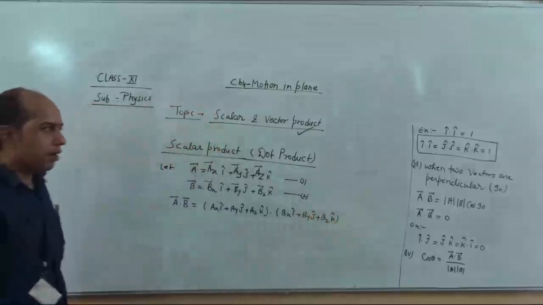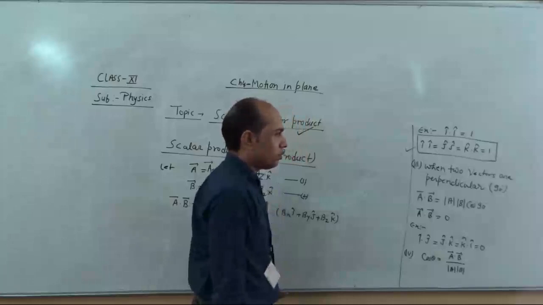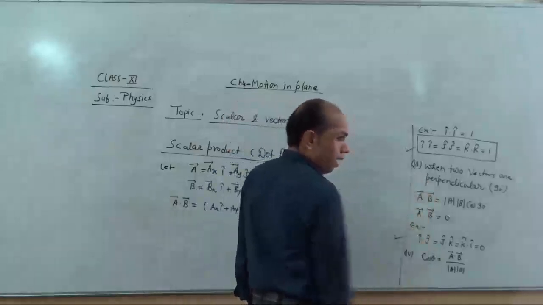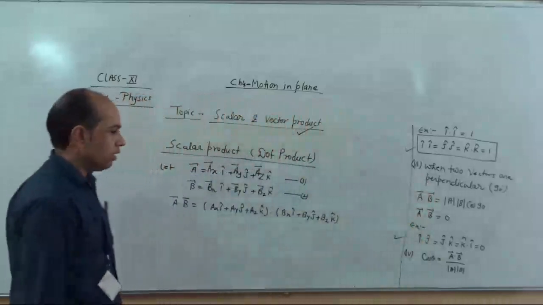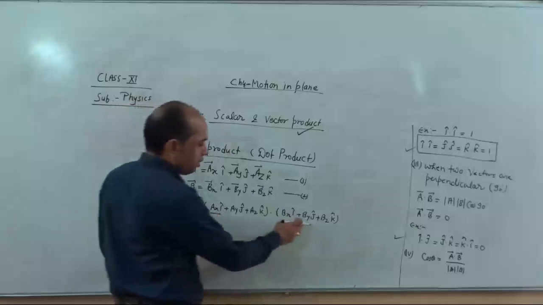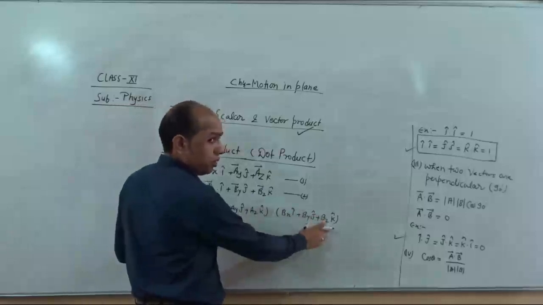Okay. Now we apply the identities: I dot I, j dot j, k dot k is equal to 1. Similarly, second one, I into j, j into k, k into I is equal to 0. So if I is multiplied with j, or I is multiplied with k, it is 0.